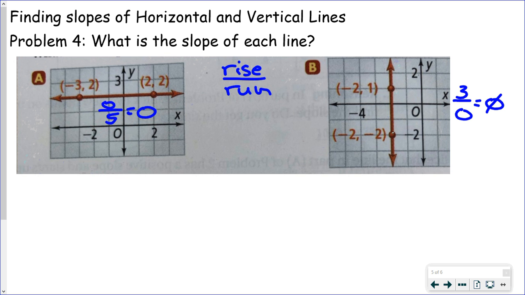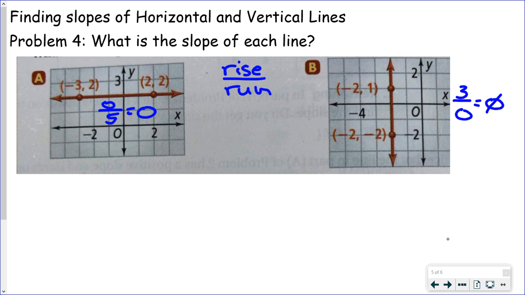A vertical line, the slope is always undefined. This might seem silly, but the way I remember this is I think, if I tried to measure how steep this was, it's so steep I would just fall off and I wouldn't be able to measure it, if you think of it like a hill. It's kind of silly, but that's how I remember it. So a horizontal line has no steepness, the slope is 0. A vertical line has lots of steepness and it's undefined.